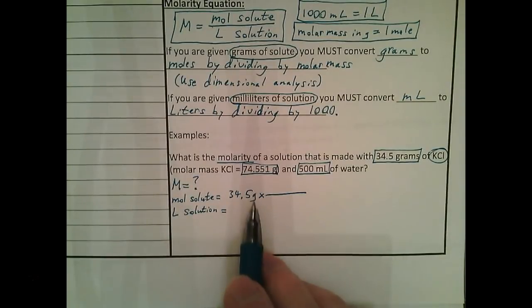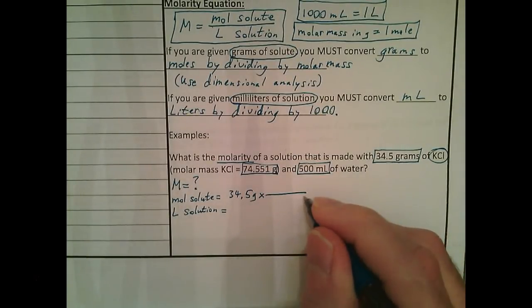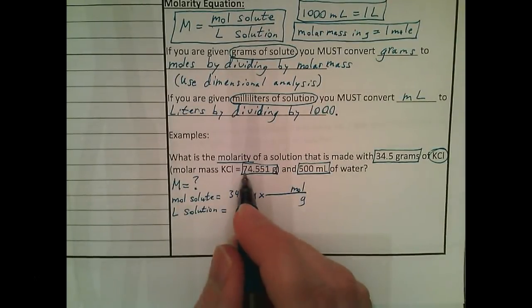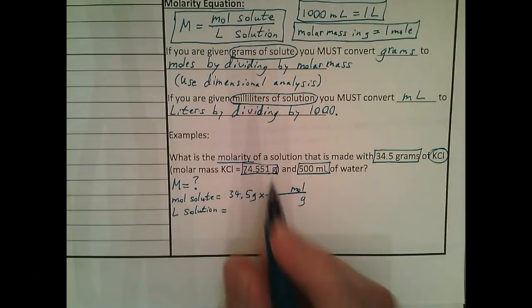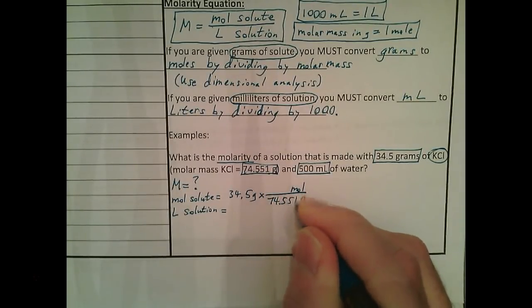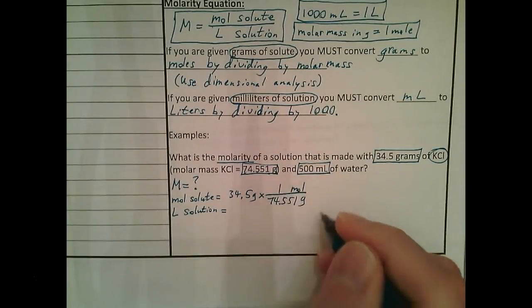And the way we decide how we set up the fraction is by putting the units that match this on the bottom of the next step. So I'm going to put grams down here and moles on the top. This is the number of grams in 1 mole, so I'm going to put 74.551 with grams and 1 with moles.